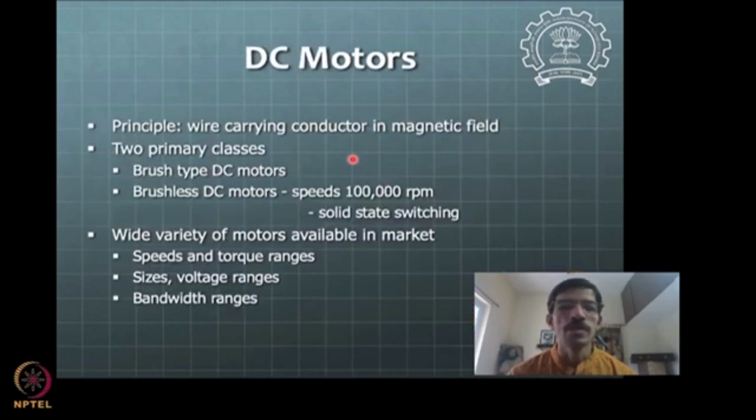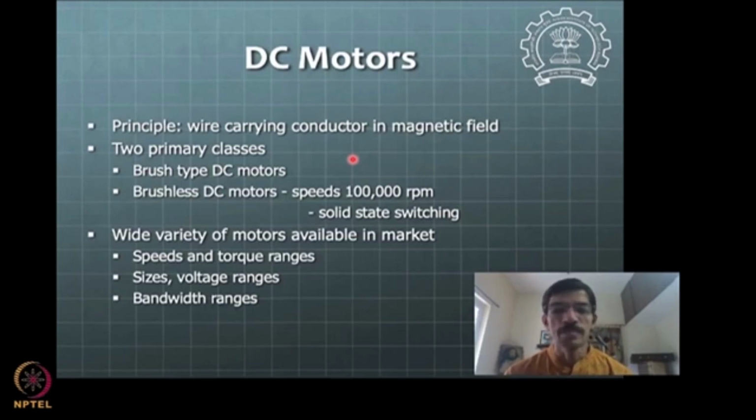Now coming to DC motors, this is the principle. There are two primary classes, brush type and brushless type. Brushless types are used for applications where you need high speed, and a wide variety of these motors are available in the market.